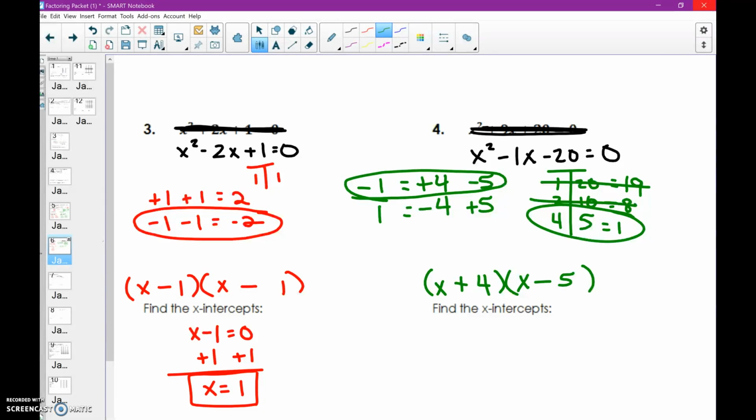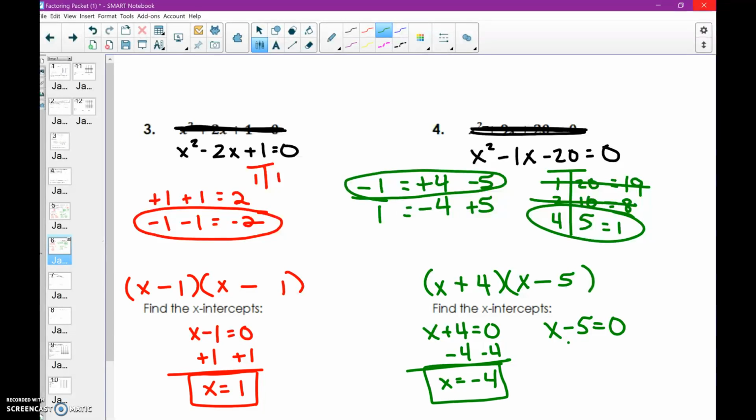And then again, don't forget to find your x-intercepts. So one of them is x equals negative 4, and one of them is x equals 5. Alrighty.